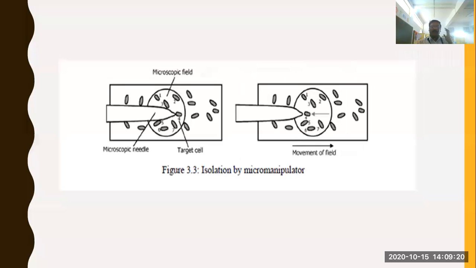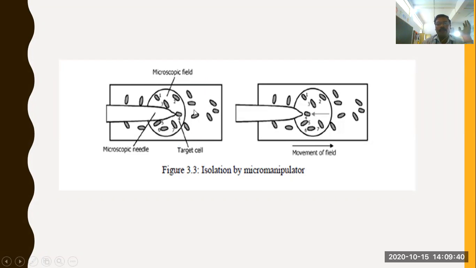So this is isolation by the micromanipulator technique. It requires highly sophisticated equipment. This is a microscopic needle. This is your microscopic field, where there are a large number of microorganisms, prokaryotic cells.